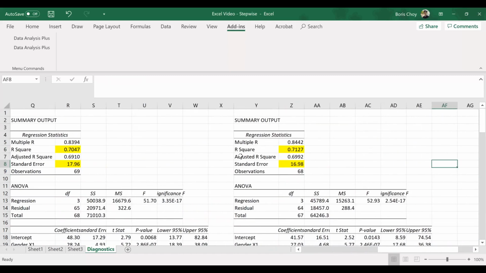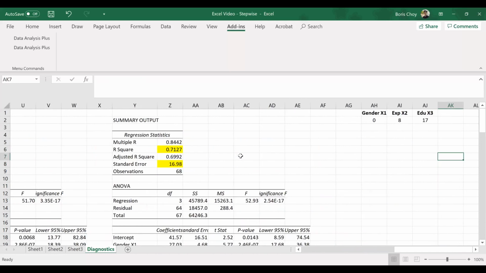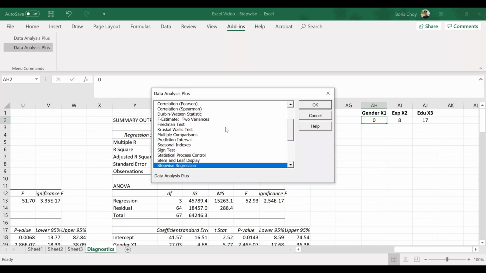Pretty good result. Now, the next step is to estimate the y value when x1 is 0, x2 is 8, x3 is equal to 17. And we also want to obtain the 95% confidence interval and the prediction interval. So we use data analysis plus prediction interval.